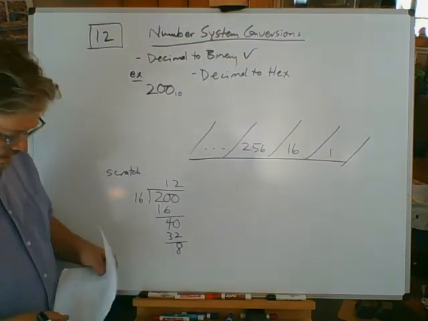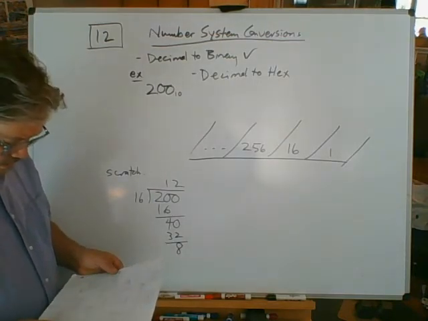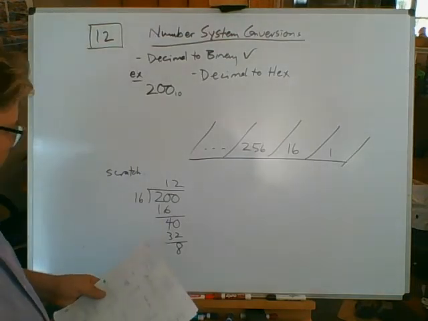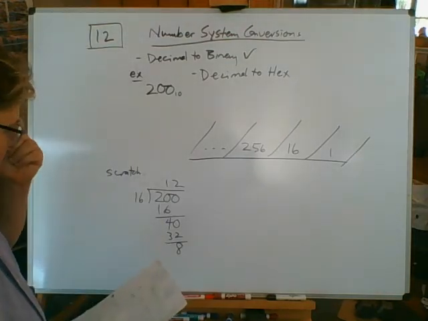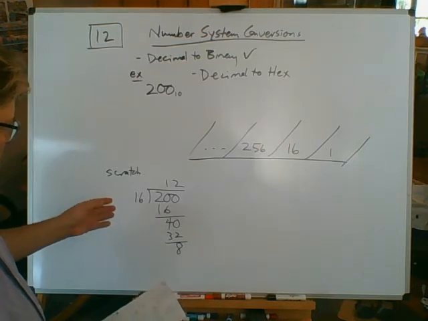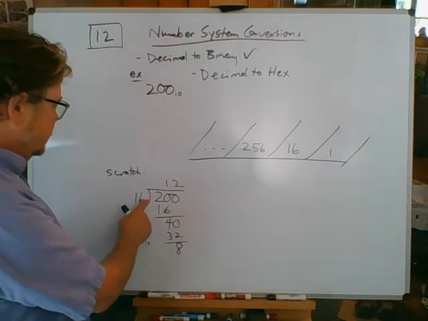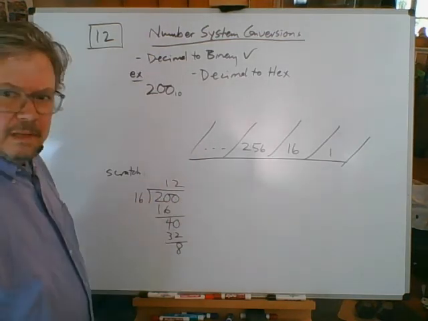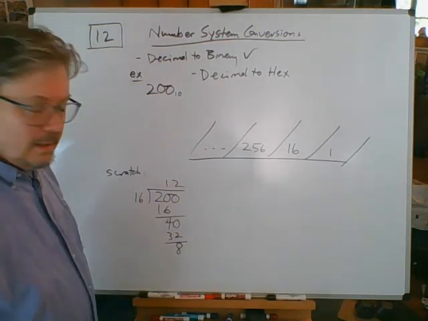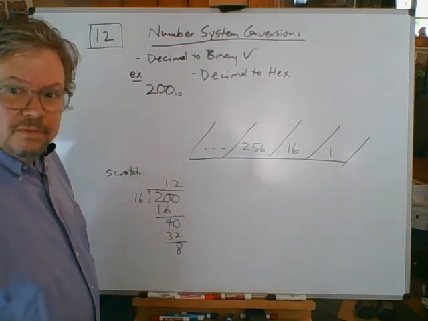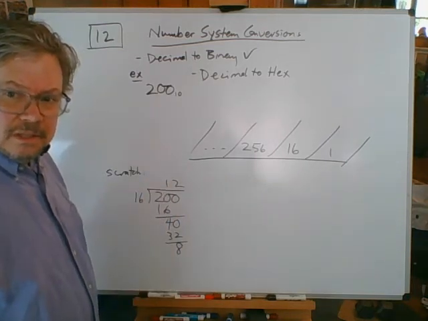What does all that mean? Is that of any use to us at all? Well, let's see here. I have represented nothing in the 256s. I've got a 12. Somehow or another I got to squeeze the 12 into the 16s column. Fortunately, in hexadecimal, we can represent anything up to 15 with a single digit.